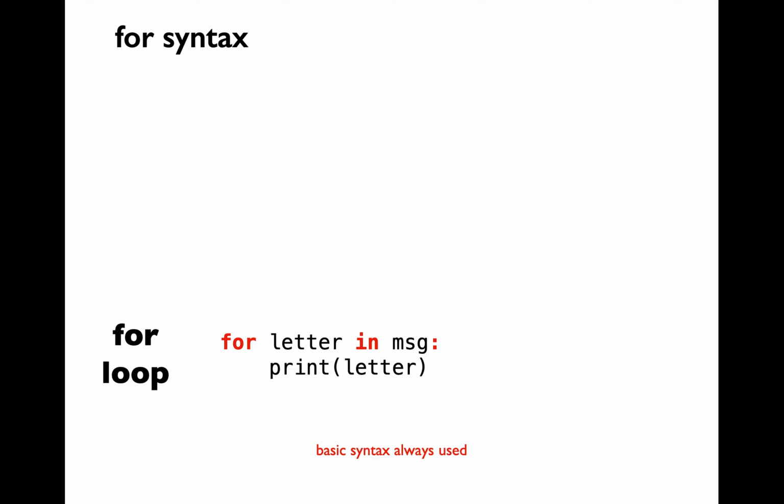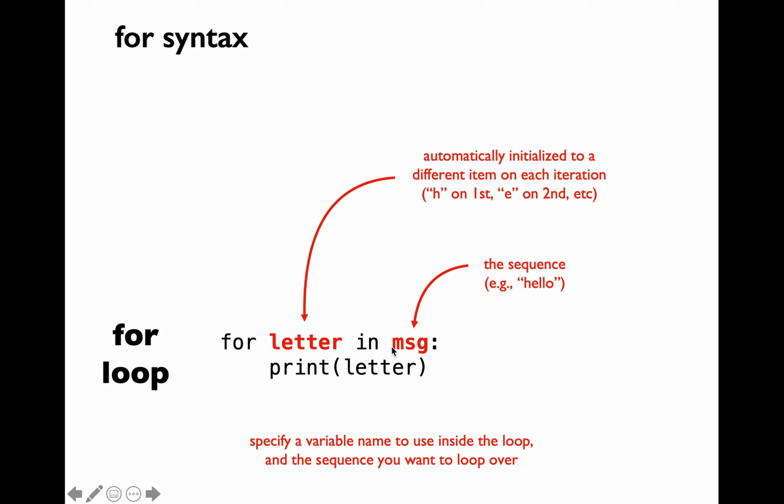Where do you mention the sequence? That's going to be after the in keyword, which is the variable msg over here. So automatically when a for loop iteration goes through, it's going to take every character from the string sequence and assign it into the variable letter over here.